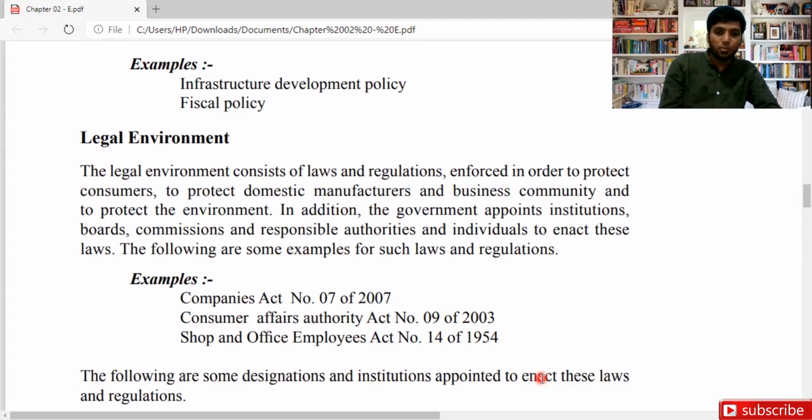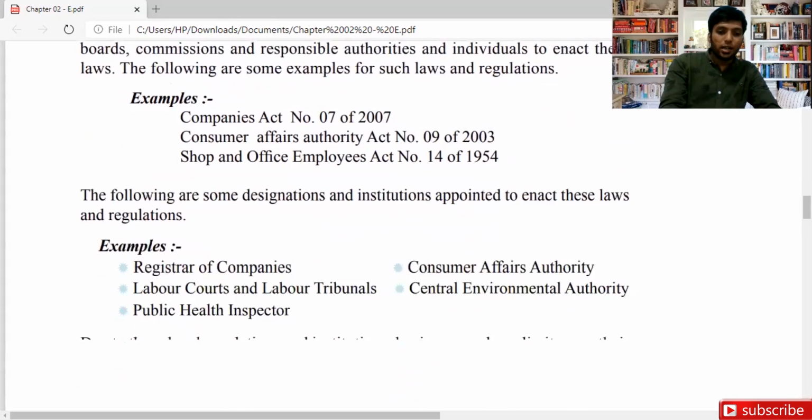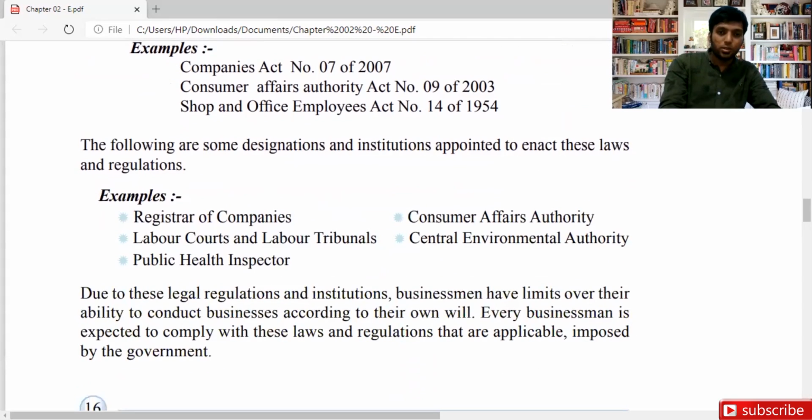And the Shop and Office Employees Act is also another act which ensures protection of the consumers' rights, under Act number 14 of 1954. The following are some designations and institutions appointed to enact these laws and regulations. So there are certain bodies which ensure these laws are properly regulated and followed. Company registration is overseen by the Registrar of Companies, along with the Consumer Affairs Authority, Labor Codes and Labor Tribunals.